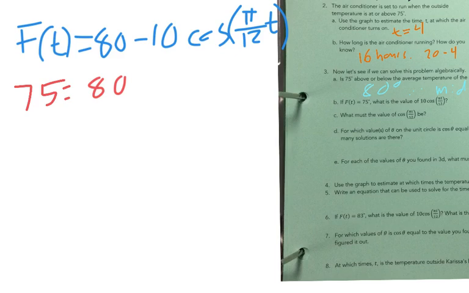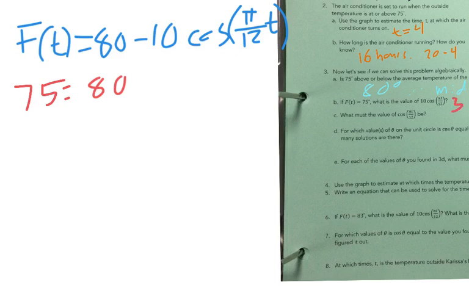What do you know this term has to be? Okay, it's an equation, right? Let's not get too in the weeds here. This is an equation that says 75 equals 80 minus garbage. The garbage has to be 5. If the garbage is 5, I get 75.